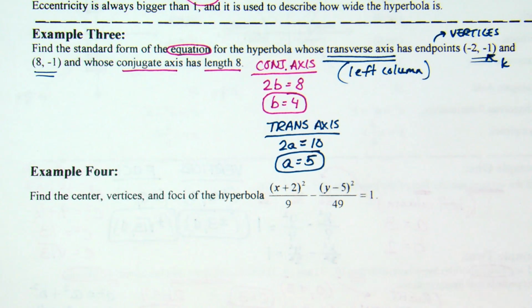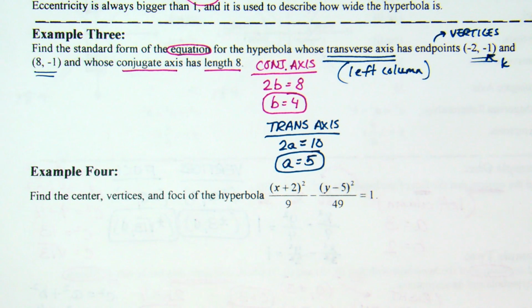Couldn't we also use the Pythagorean relationship? Since we have A and B already, if we find out what C is, then already knowing it's -2 since it's left column. That's more work than what I need. A is 5. I don't need to find C. I could if I want to find my foci, but we can do this without finding foci.